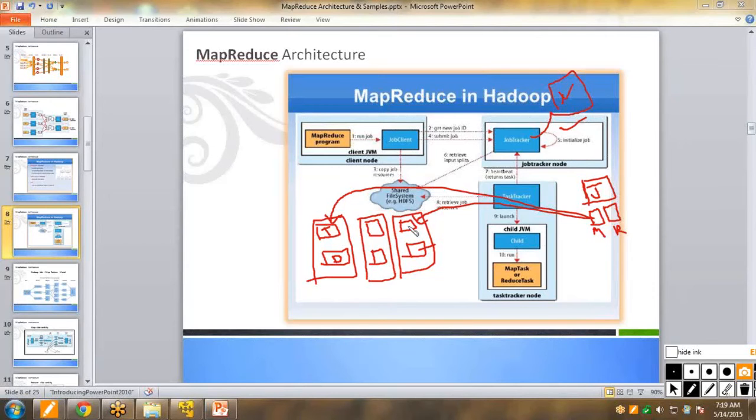So what essentially I'll be doing: once I write a program, the program will split the lines like this. This line would go to one map task. As input, let us say this is the input string, some line.